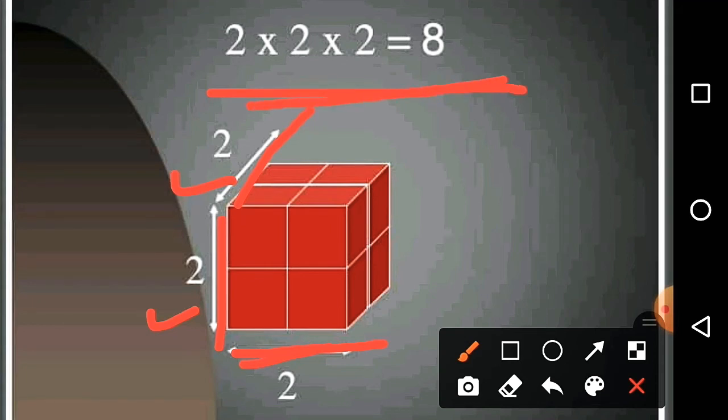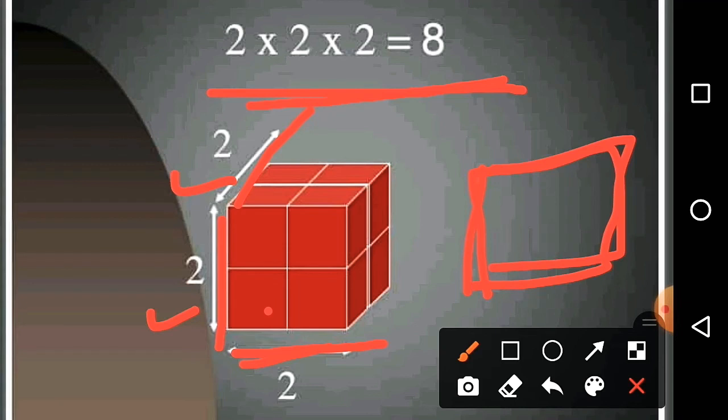For making a perfect cube of side 2 centimeter, how many small solid cubes will we need? Directly, if you multiply 2 three times, 2 twos are 4 and 4 twos are 8, so 8 cubes. If you arrange them this way, 2 along the length side, 2 along the breadth side, and 2 height-wise, the answer will be 8.